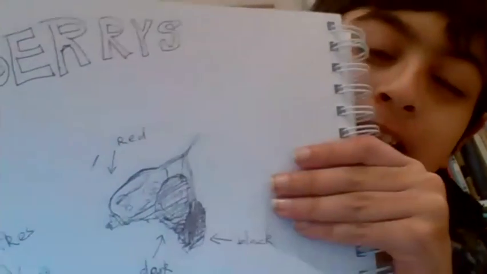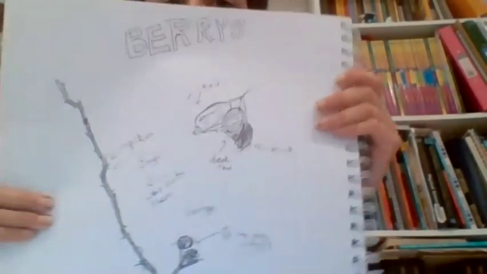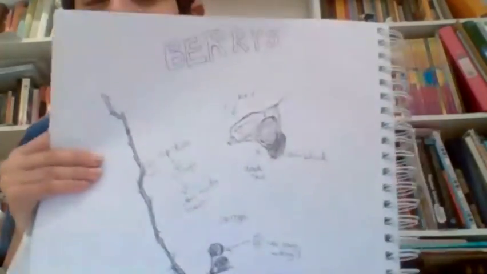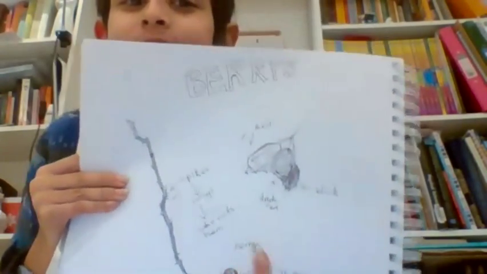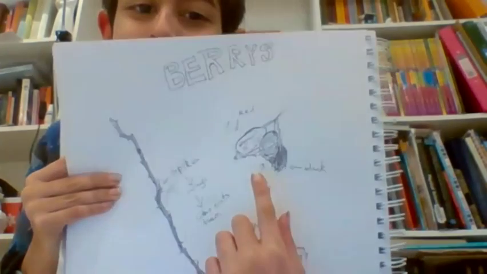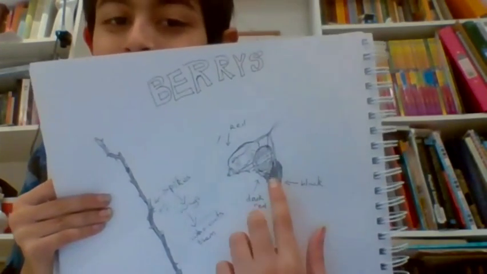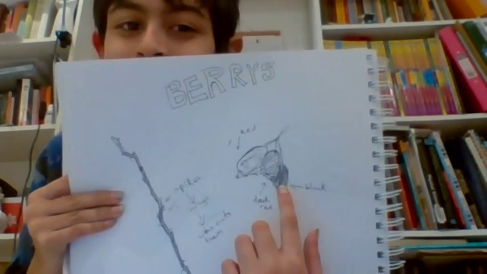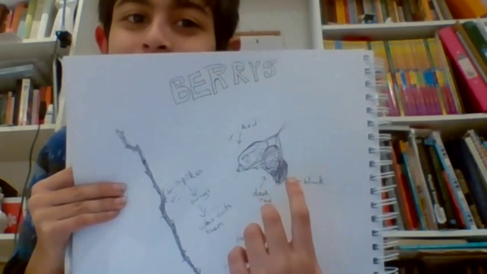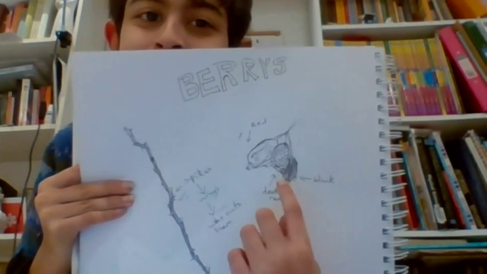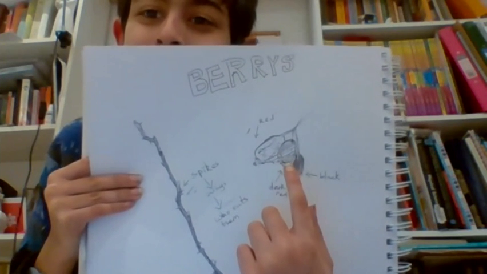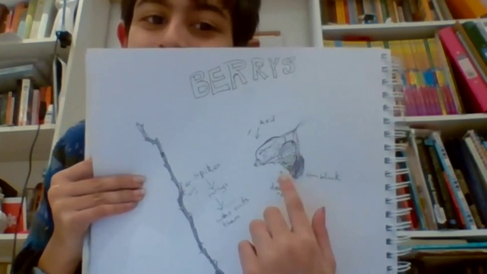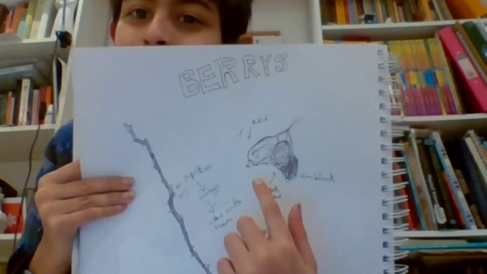Also, some of the berries were in different stages. I don't know which is rotten or not, or which is unripe. The dark red, the black one, and the red one. Yeah, this probably is rotten by the look of it, all fallen apart. If this is ripe, then this is not ripe.